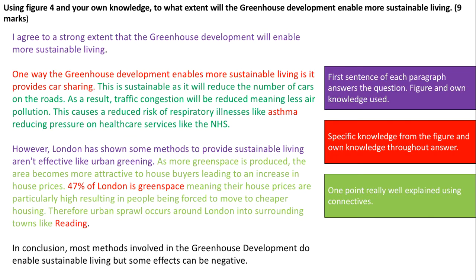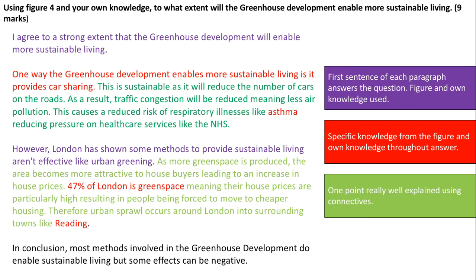Traffic congestion will be reduced, meaning less air pollution. This causes a reduced risk of respiratory illnesses. How sophisticated is that? Respiratory illnesses, brilliant. Like asthma. Reducing pressure on healthcare services like the NHS. So, she's used knowledge from the figure, the fact that there's car sharing in the greenhouse development.